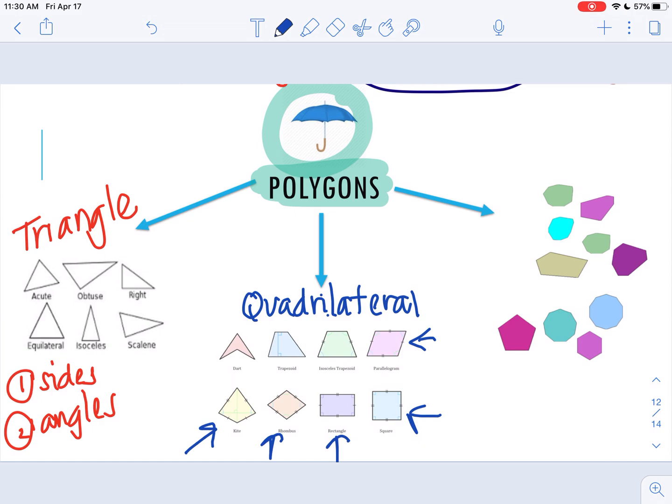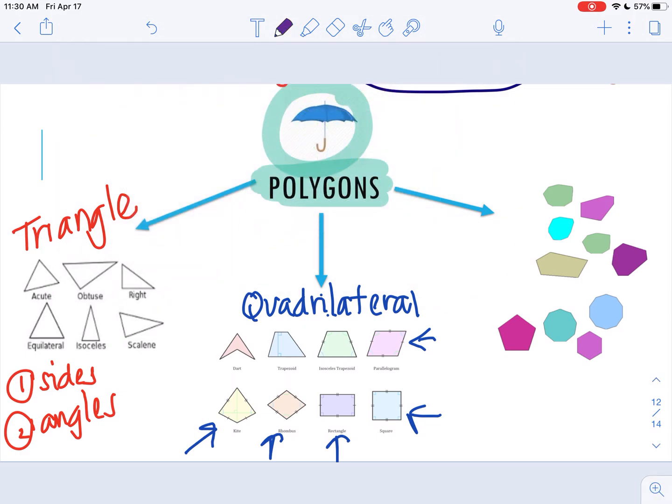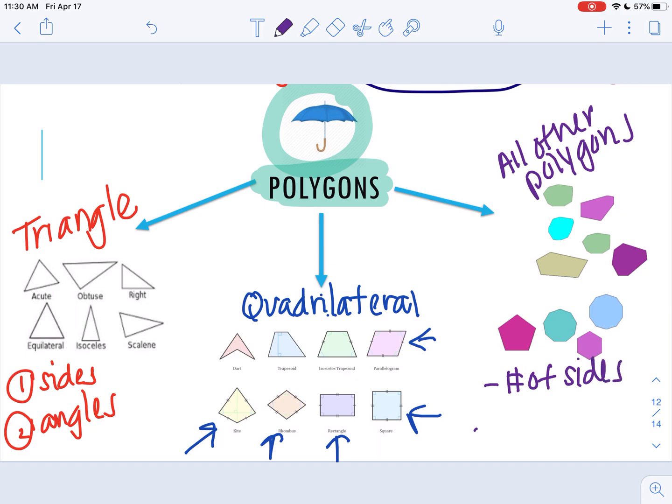Any other polygon, we just classify it by its number of sides, and we just call it regular or irregular. So to classify all other polygons, we look at the number of sides, and then we call it regular or irregular.